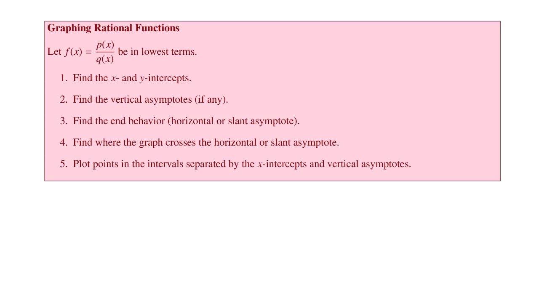Second, find the vertical asymptotes if there are any. Third, find the end behavior, which for rational functions is in the form of a horizontal or a slant asymptote. Fourth, find where the graph crosses the horizontal or slant asymptote. And then fifth, plot points in the intervals separated by the x-intercepts and the vertical asymptotes. This last step is going to tell us where in the graph things should be placed.